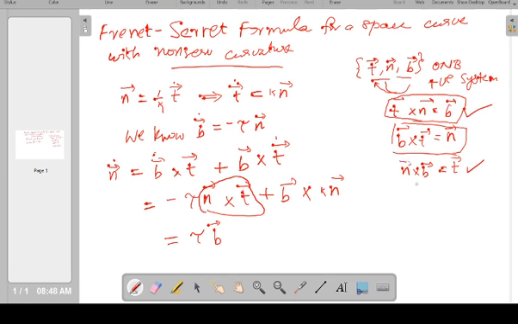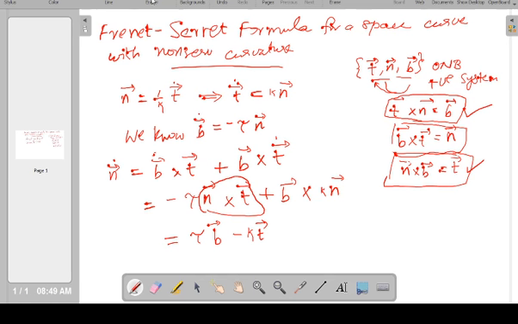B cross n is minus T from the third equation. So this is minus kappa T. So this is n dot.